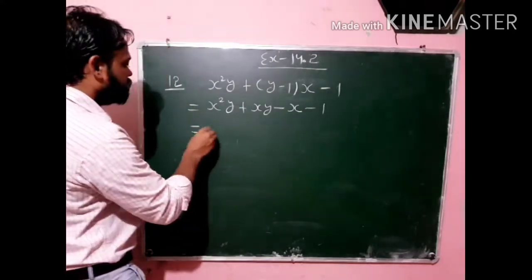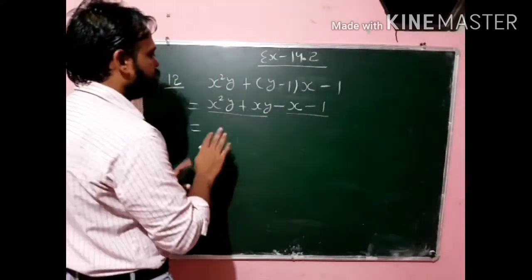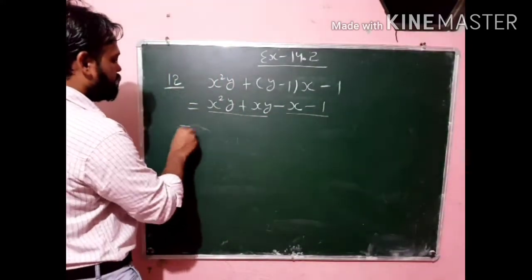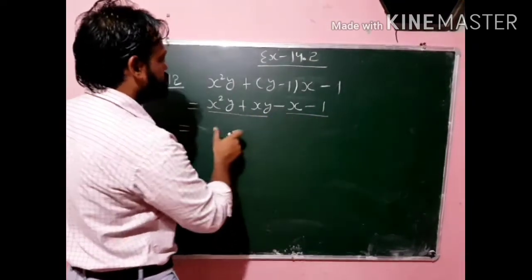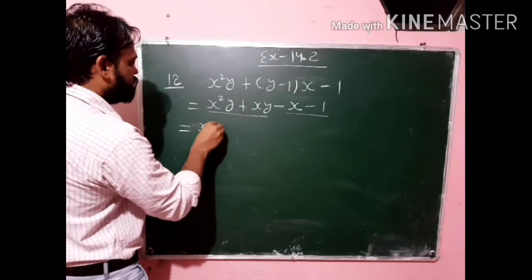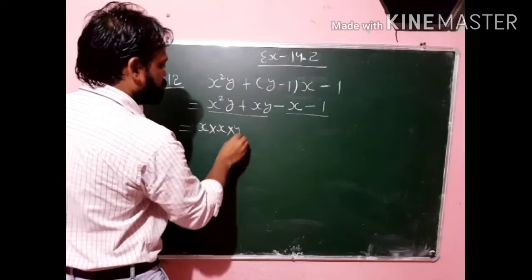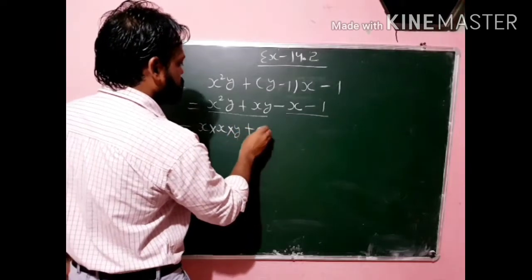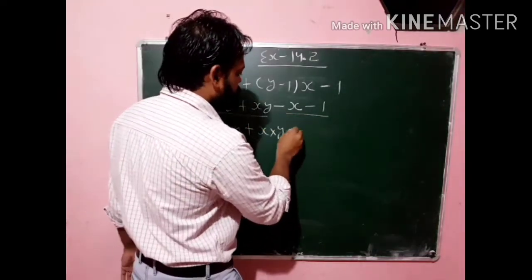So first of all make a group of these two terms and also these two terms. Now first of all we have to make the factors of this group, and the factors of this group also. Now you can see x square is here, so we can write x into x and also y, plus as it is, then x multiplied by y. Then minus sign is already here.